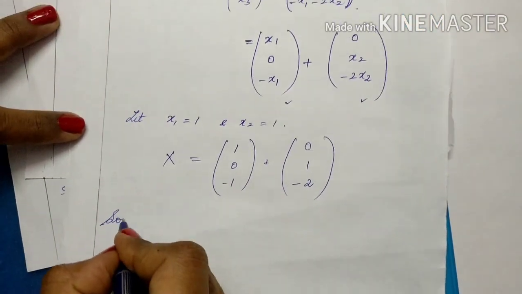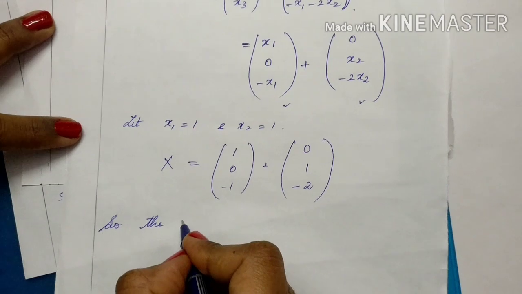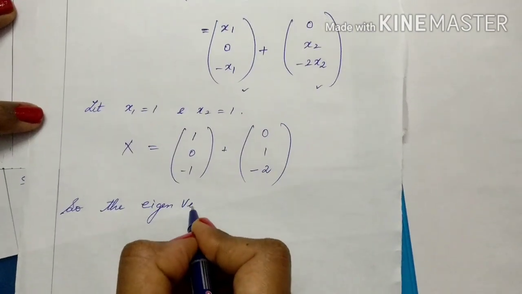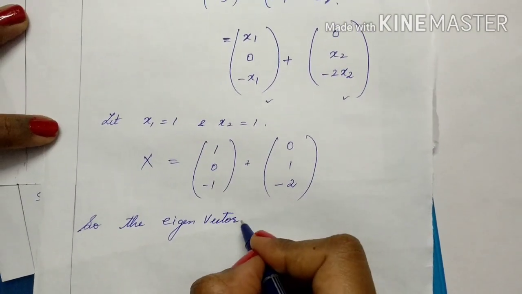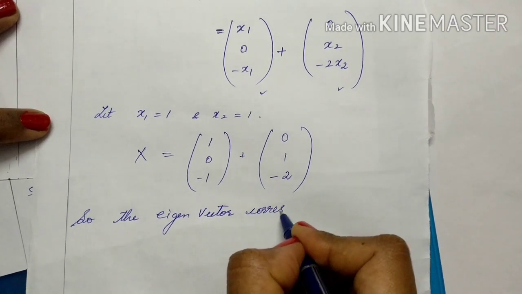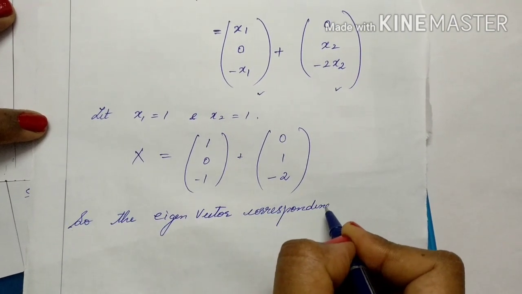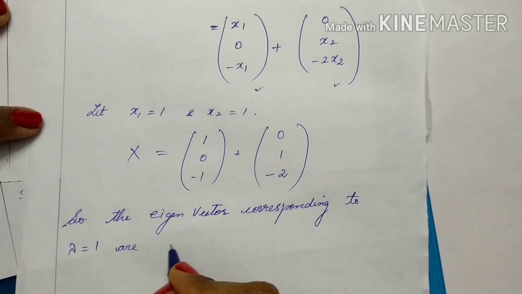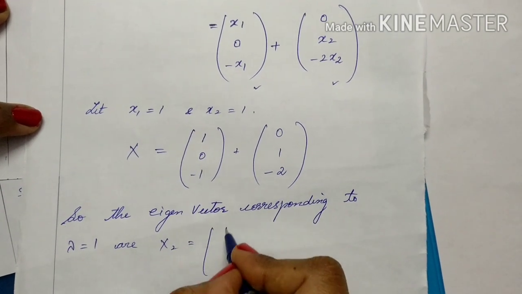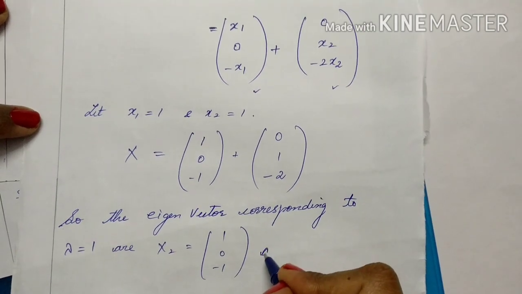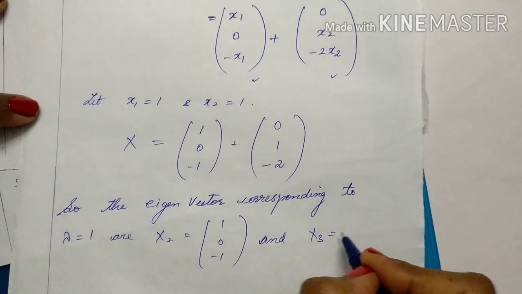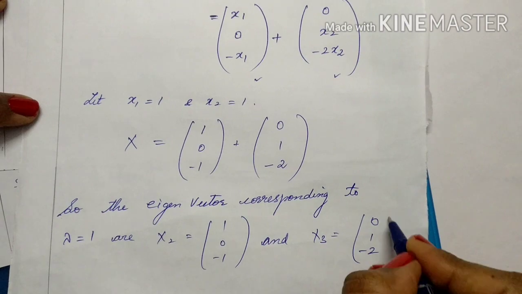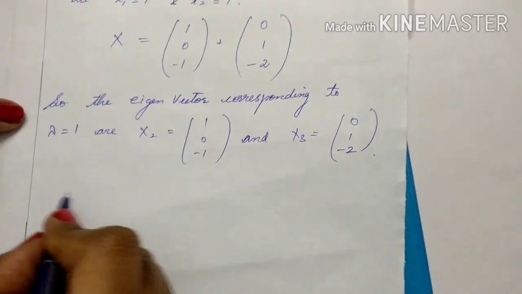So the eigenvectors corresponding to lambda equal to 1 are x2 is equal to 1 0 minus 1 and x3 is equal to 0 1 minus 2. That's it.